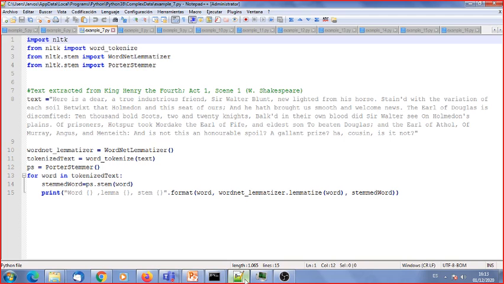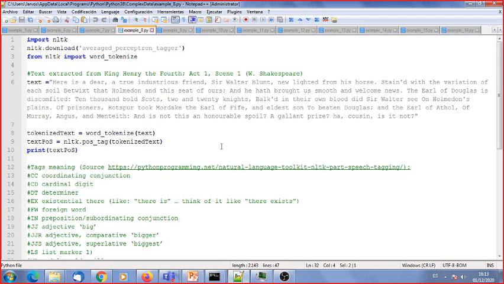That depends. So this is the part of speech. This is the script. Please run it, and we will obtain the part of speech tagging.